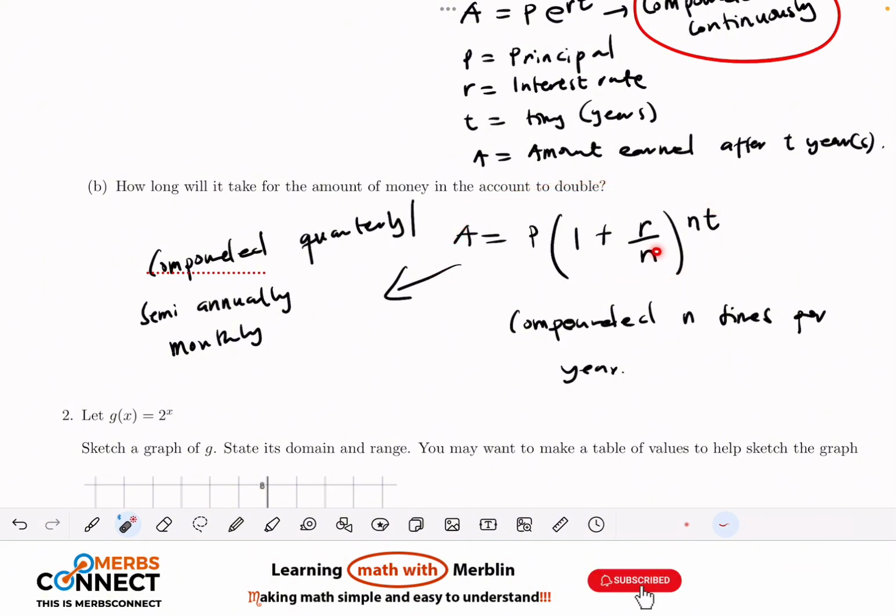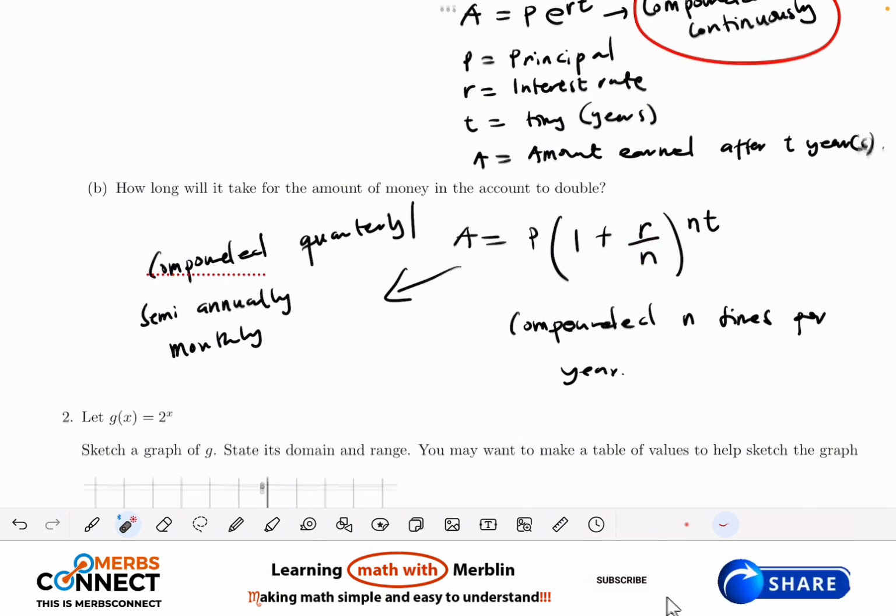So you see that our N here is the compounded n times per year. So when you take something like quarterly, then our N will be 4 because quarters in a year is like 4, right? So semi-annually, our N here will be 2 because we have 6, making the 12, which is 1 year. And then monthly, we have 12 months in a year. So this one will be 12, based on what the question is asking, right?